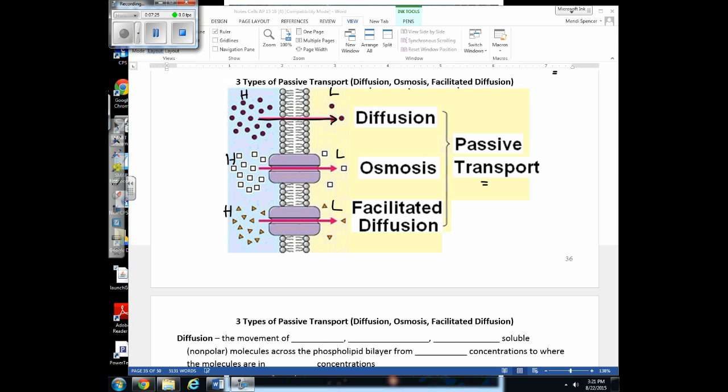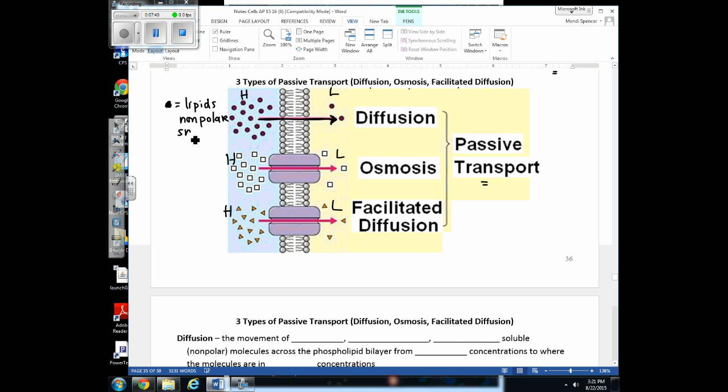Now, from what we just discussed, you should be able to give me examples of molecules that are moving by this method, diffusion. And diffusion is happening whenever these molecules are moving right through the phospholipids. And we said that molecules that are able to do this are molecules that are lipids or nonpolar molecules.